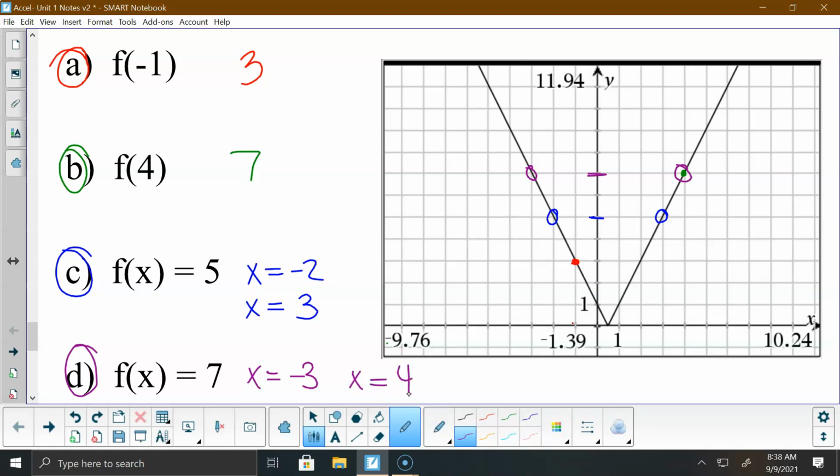Did you get -3 and 4? Yeah. Easy enough? Don't overcomplicate these. That's all you're trying to do.